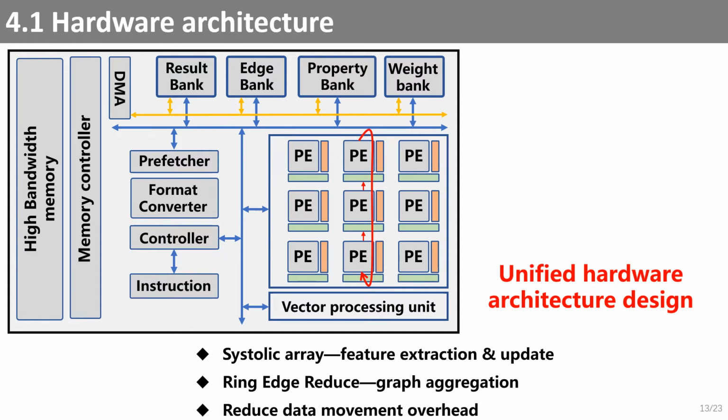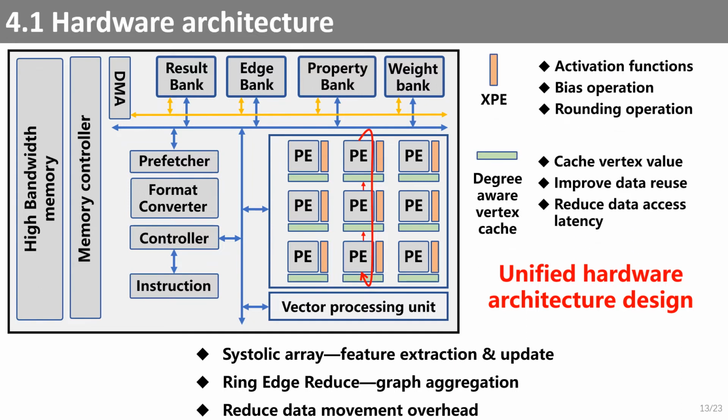Unlike the two-stage structure, our structure can reduce data movement overhead. Each PE is attached to an XPE to perform activation functions, bias operations, and rounding operations in the GNN processing stage. And the degree-aware vertex cache is used to cache vertex values to improve data reuse.